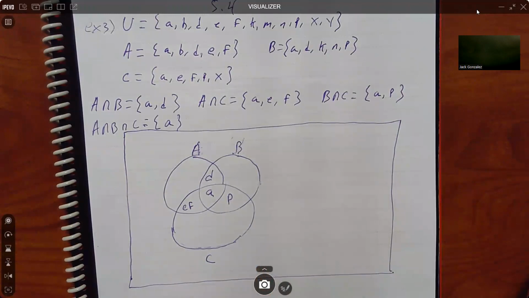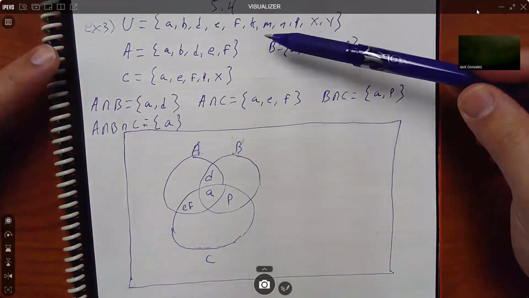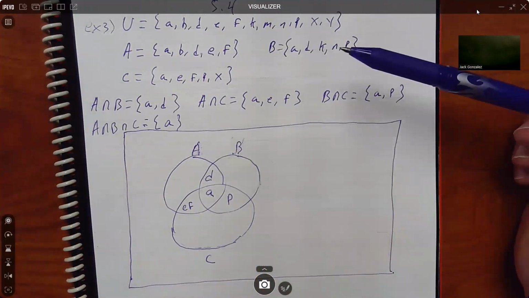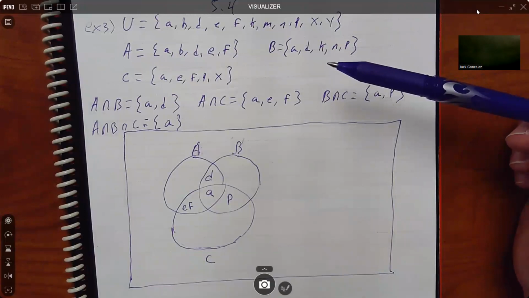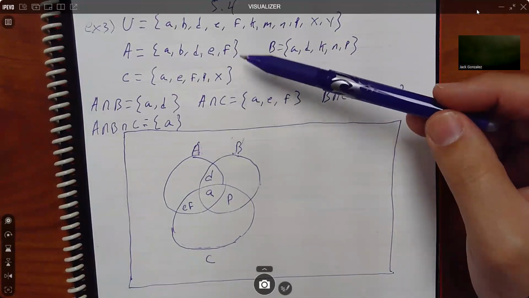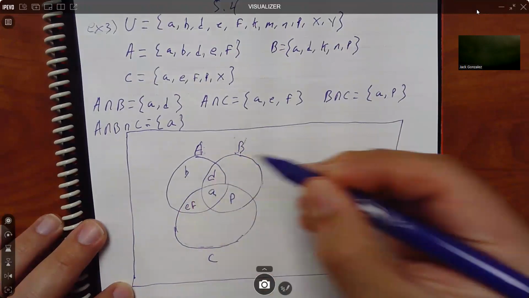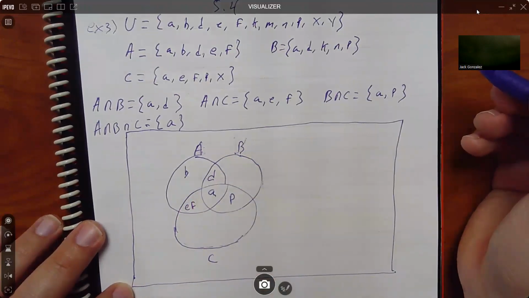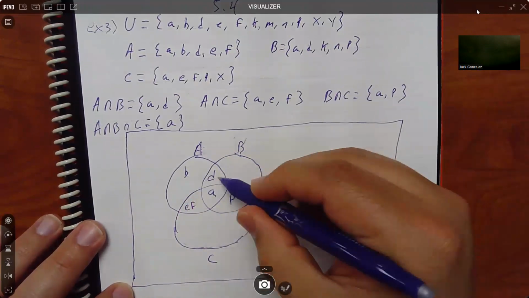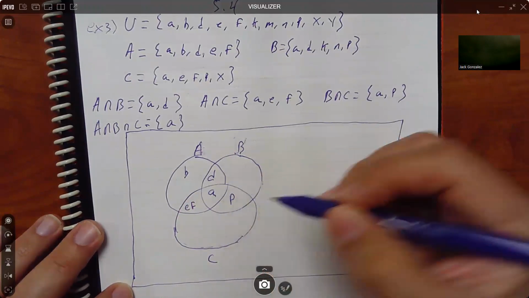Okay. So now we can look at the individual sets. What's inside A, but not in anything else? B, right? What else? D's right there. That's it, right?